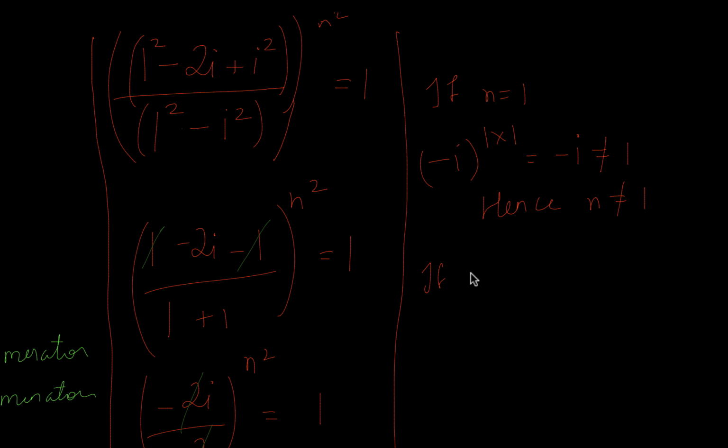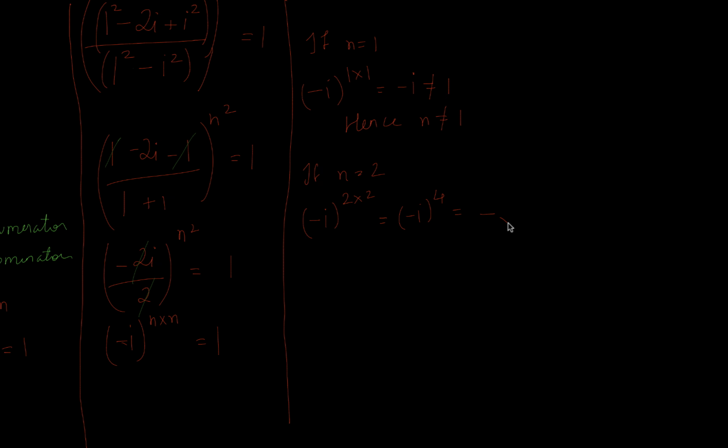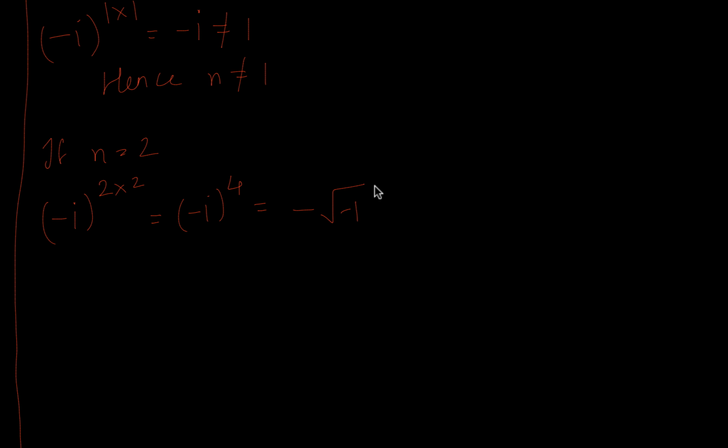Now, if n is equal to 2, in this case, we have (minus i) the whole raised to 2 into 2, which works out to be minus i raised to 4, which technically speaking is (minus root of minus 1) the whole power 4.